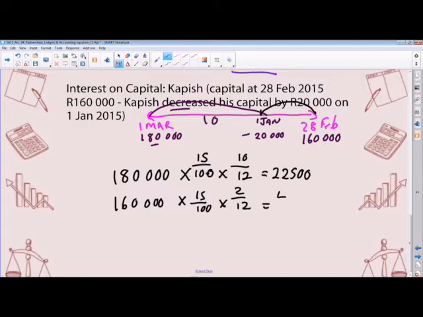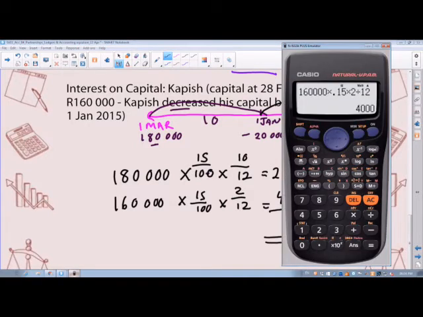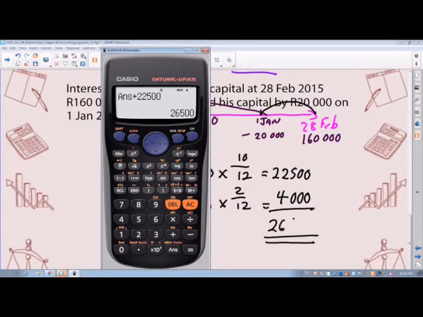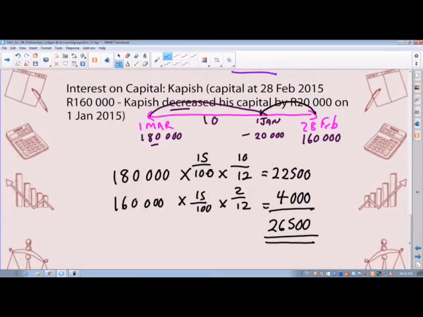Right, so if we add 4,000 plus 22,500, I'm just going to get the calculator out again. So 4,000 plus 22,500, okay, and that gives us 26,500.